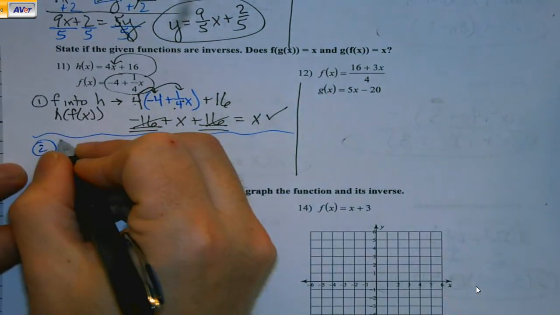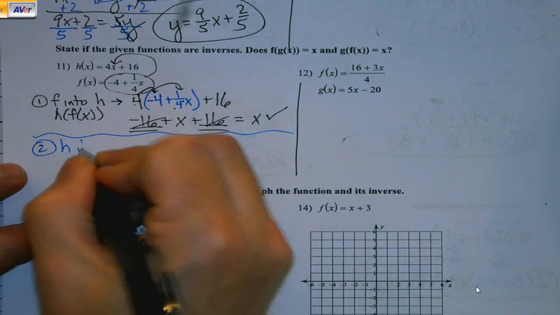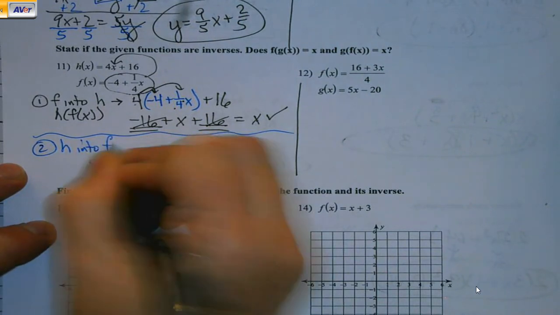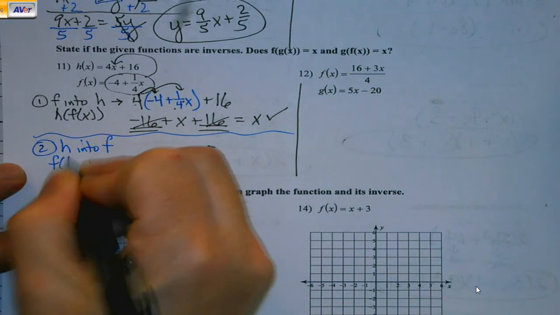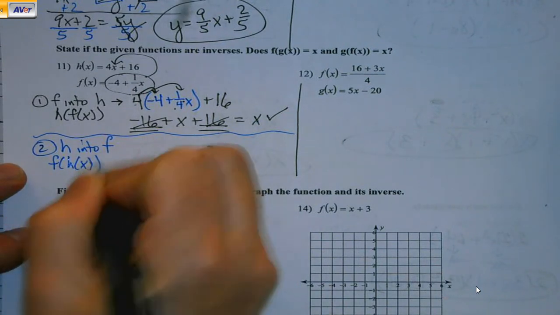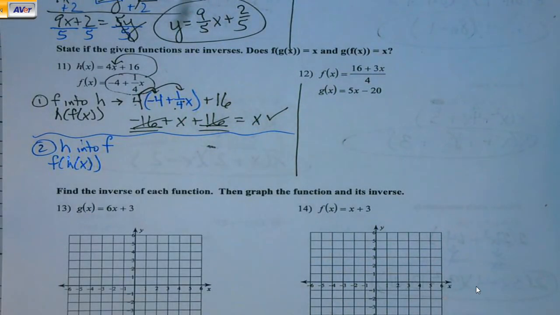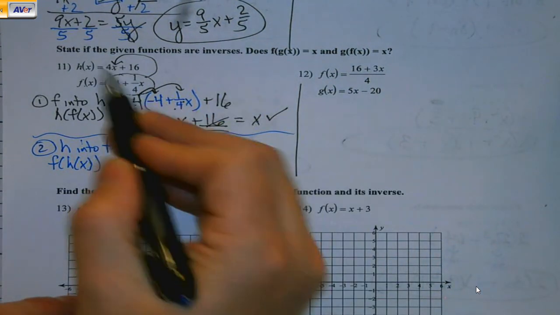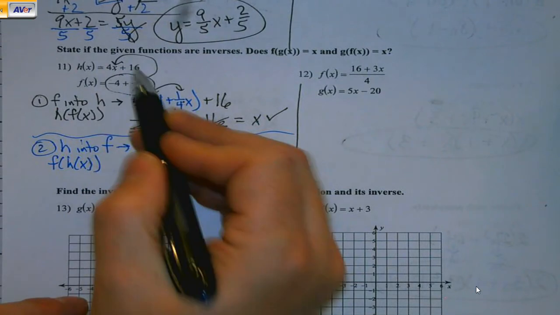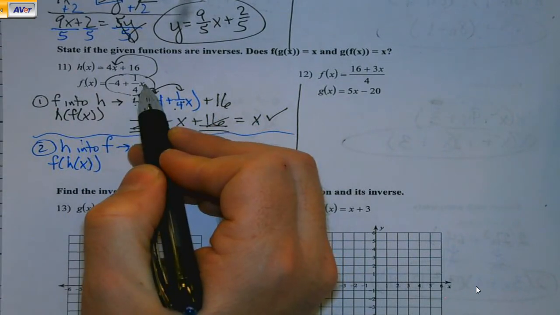So the second part is to switch the order. So we're going to plug h into f, which is f of h of x. So basically, I'm going to flip what I just did. I'm going to take this, and I'm going to plug it in for x in this one.